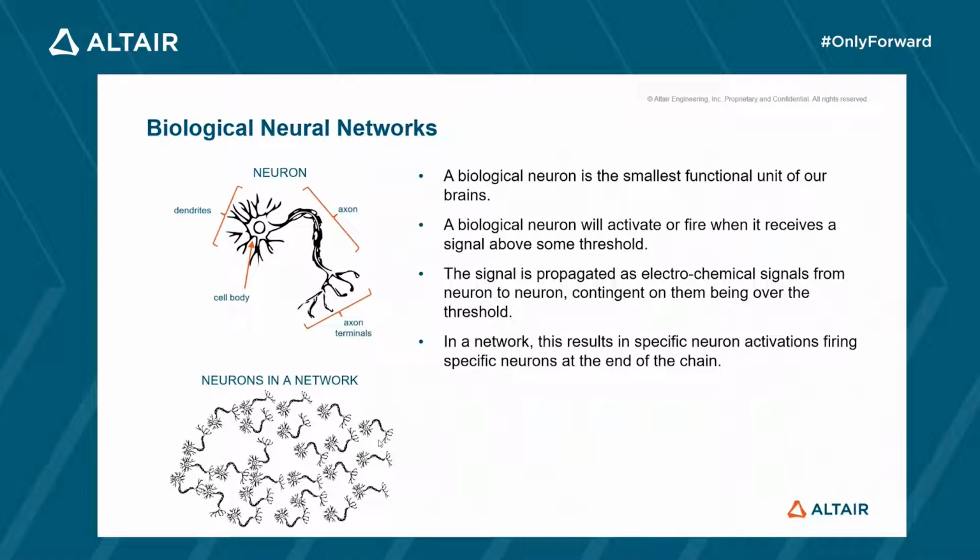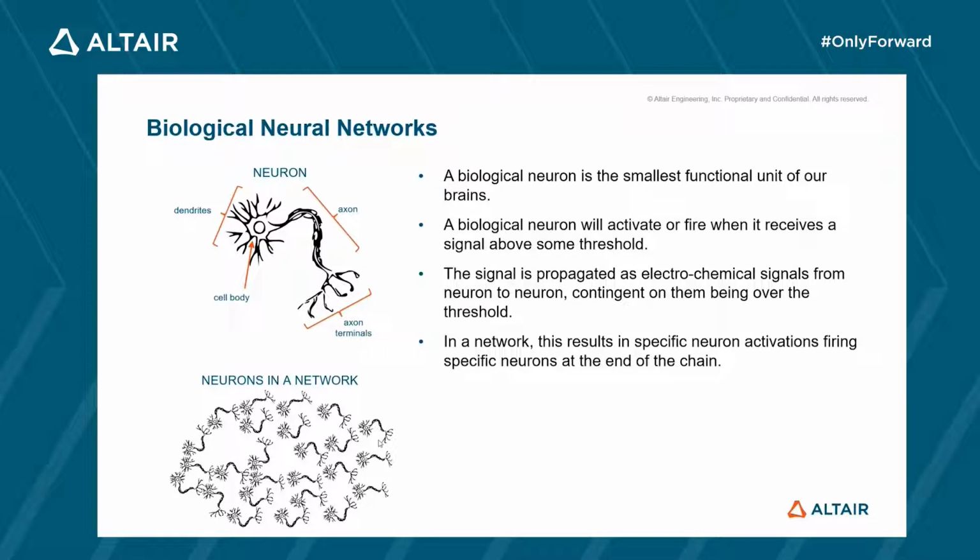So we have biological neurons, and these we consider the smallest functional units of our brains. These neurons essentially propagate electrical signals. So when a neuron receives some sort of excitation or activation that is beyond a certain threshold, it then propagates that signal in a way that is characteristic to itself.